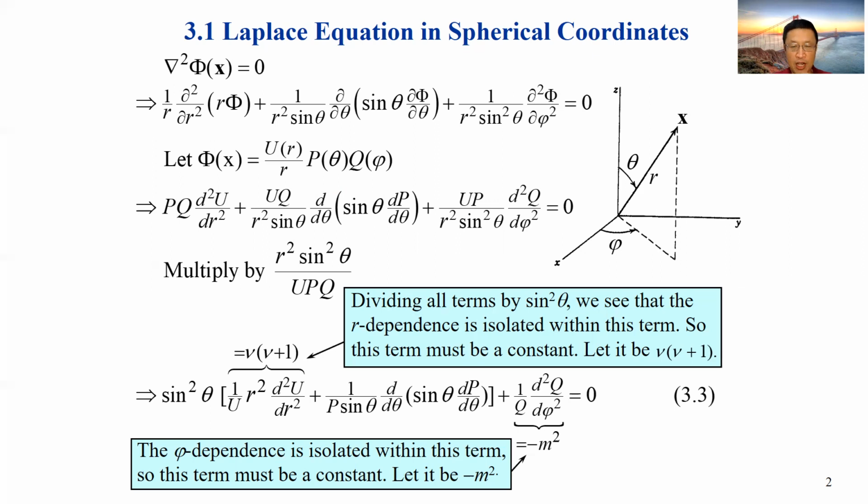It's not for all the cases, but it's a very useful case. If we can separate them, we can deal with the problem one by one. We can solve R dependence, theta dependence, and phi dependence one by one.